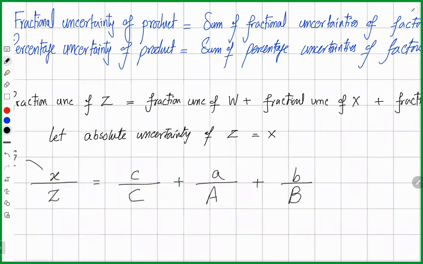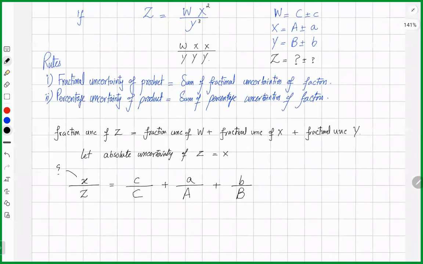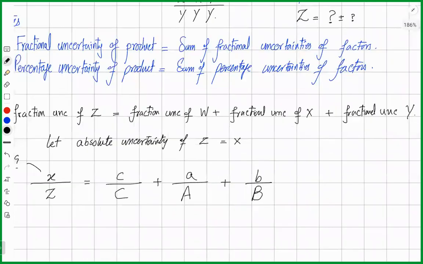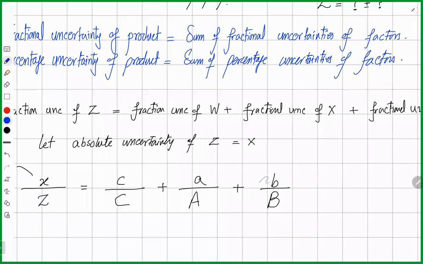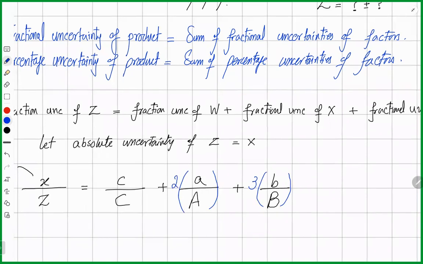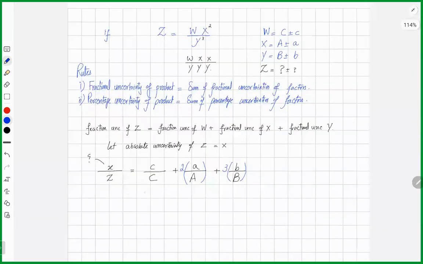So there should be a over A and another a over A, because there's another x multiplying over there. And b over B plus b over B plus b over B, because there are three y's multiplying. Or if we are smart, we can multiply the b over B with 3 and the a over A with 2. And this should also solve the problem for us.